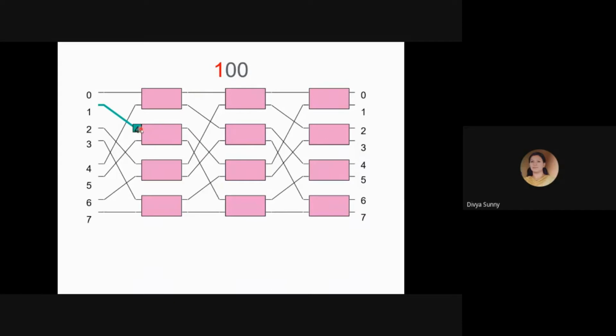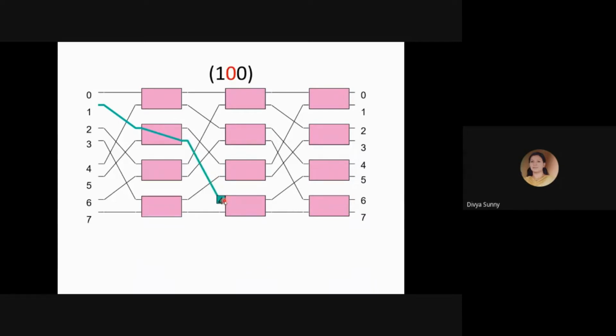So the input is connected to the lower part of the output. Okay, so inside the switch, the connection is done using this bit pattern, checking the most significant bit at stage 0, and at stage 0 it is 1. So the input is connected to the lower part of the output at stage 0. And from here, the only connection is to here.